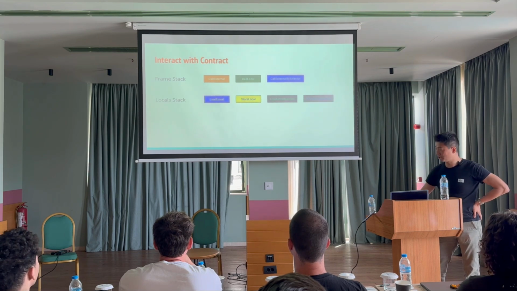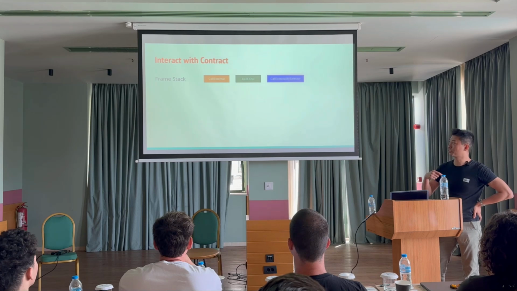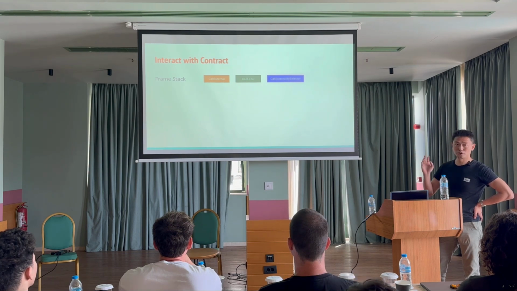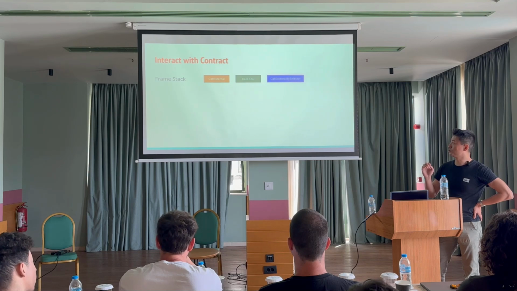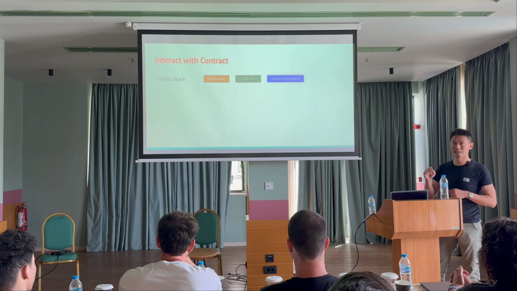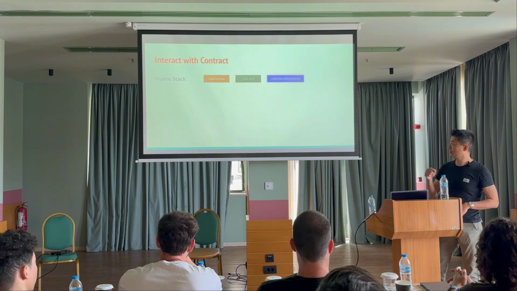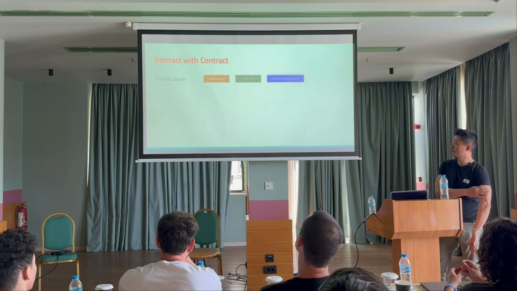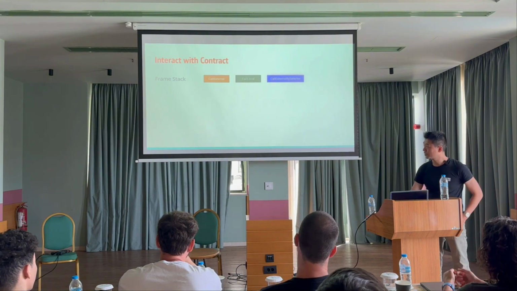You can also call a local function, which needs to have the method index in the stack as well. And then in the Rhone upgrade, we have introduced a new opcode to select methods based on their signature hash.